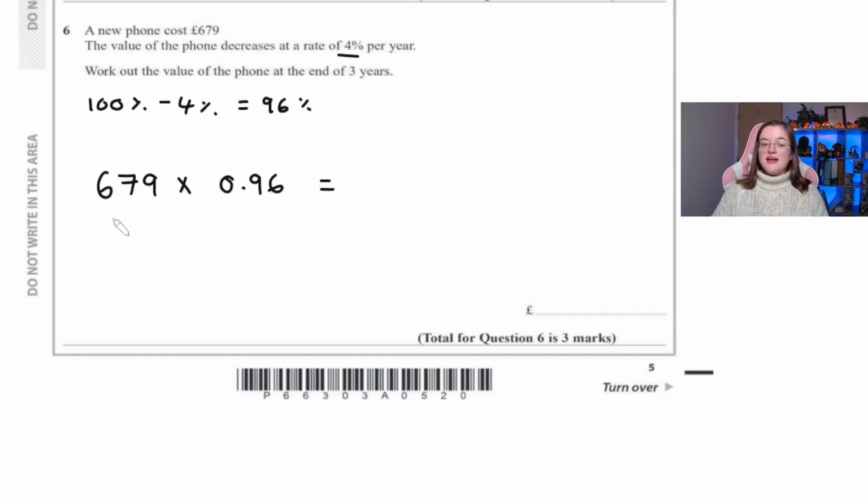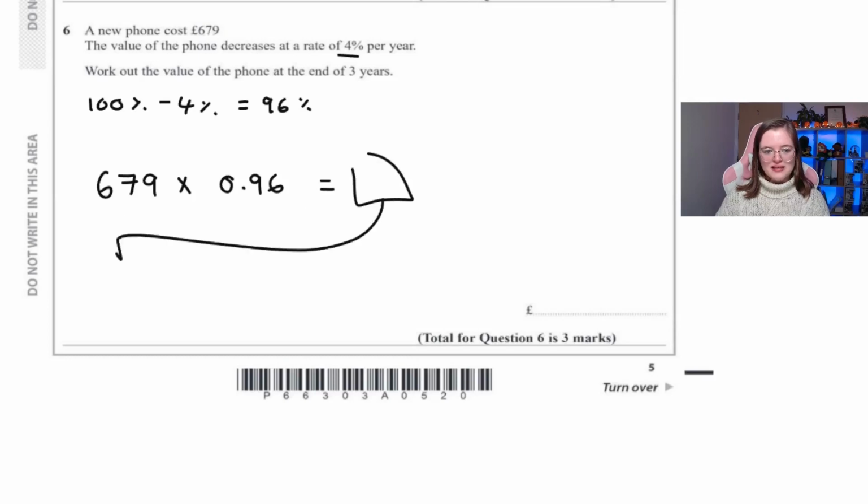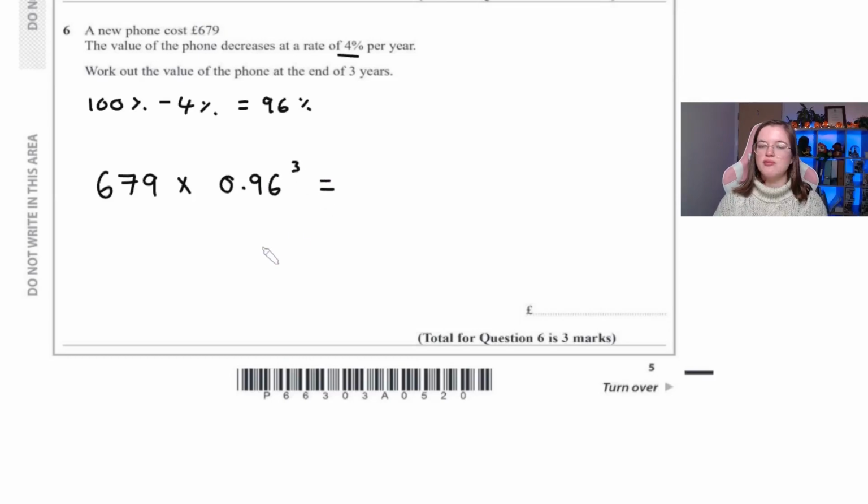And then you can either, again, do that 3 times if you want, feeding this value into the start of each equation, timesing it all by the same thing, doing that 3 times. Or you can raise it to the power of 3, because that's the number of years it's depreciating by. That's always the case. The power is always the number of years, like in compound interest.